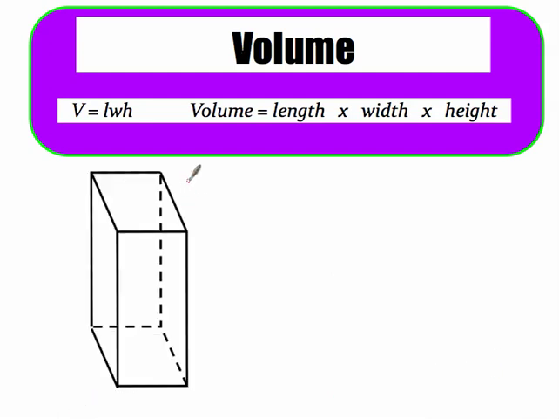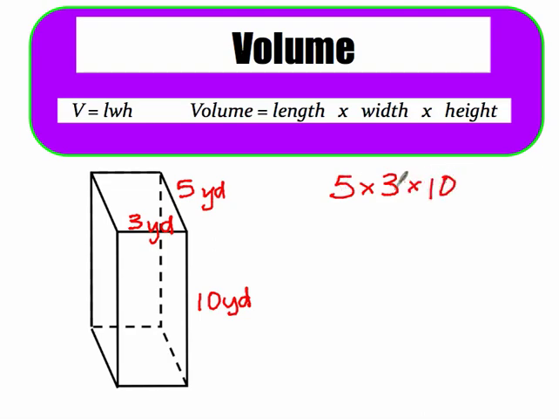And another one, let's go 5, 3, I like 10, and let's call them yards. So I'm going to do 5 times 3 times 10. 5 times 3 is 15. 15 times 10 is 150 cubic yards.